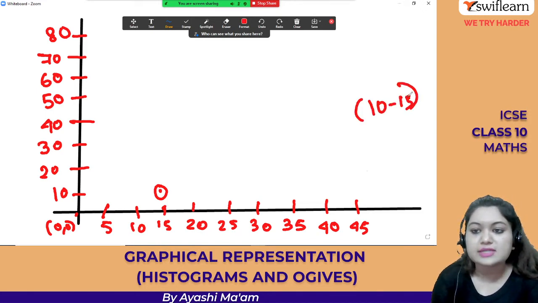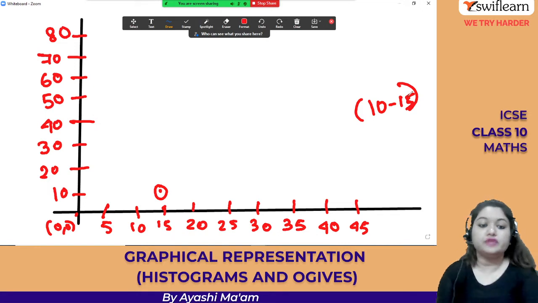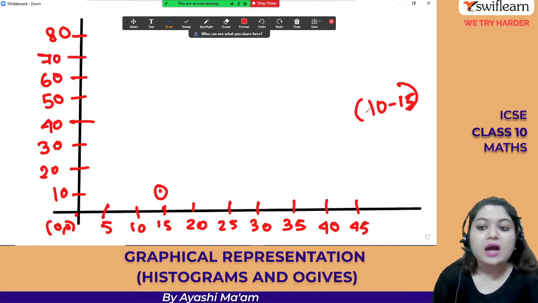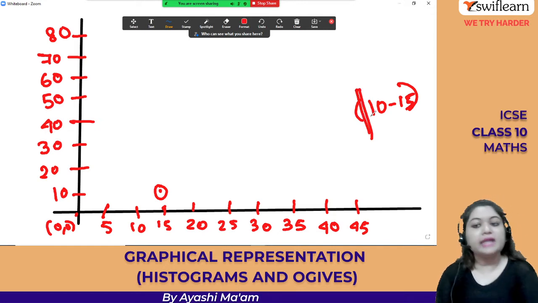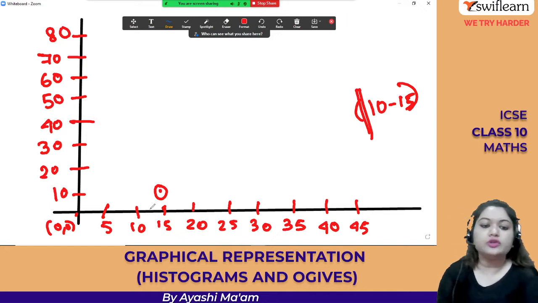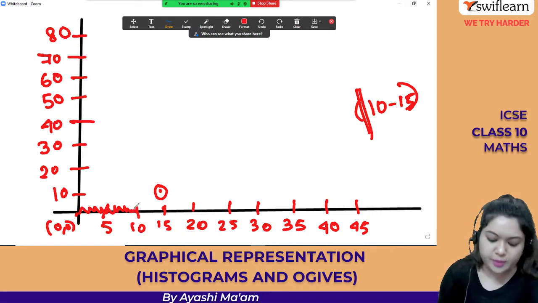The first class interval was from 10 to 15, so we don't have any data till 10. This one I have explained to you clearly in the previous lesson also. From 0 to 10 we don't have any data, and we can simply apply a cut on the graph. So this will be our first point.